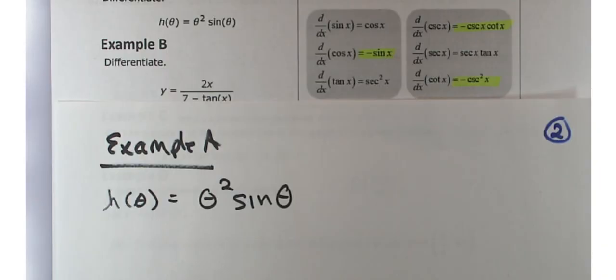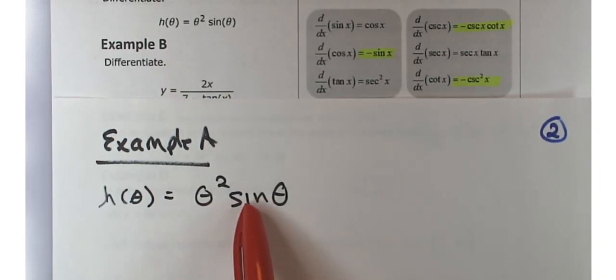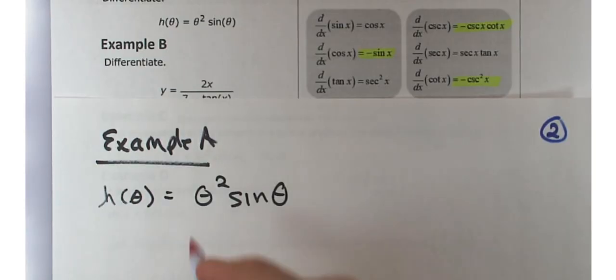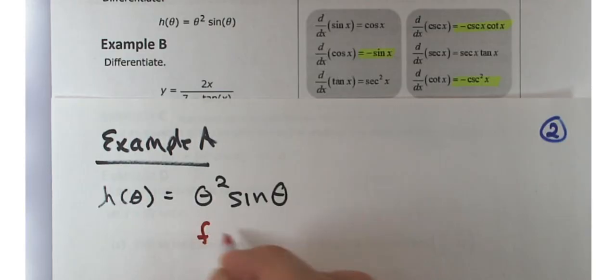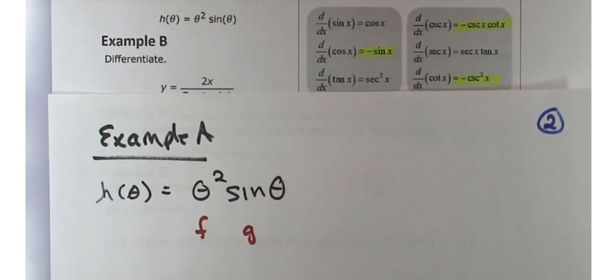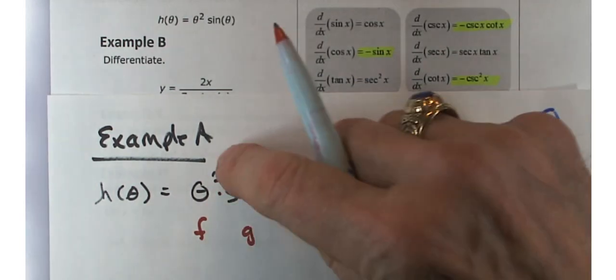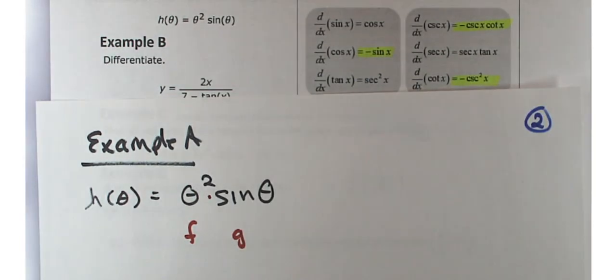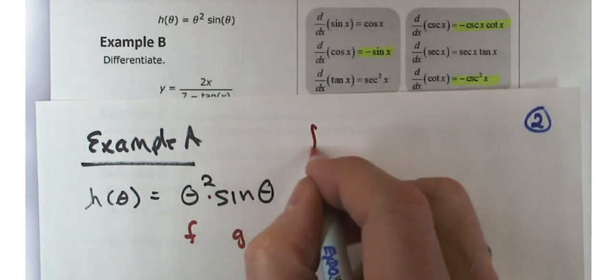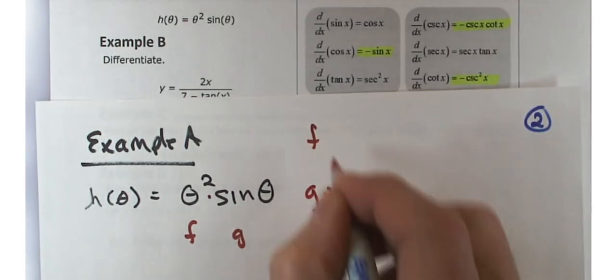I'd look at stuff like this and think, really, you want to call this a separate function? It's not a want-to thing, it's a have-to thing. We're going to have to regard this as an f, and this as a g, and apply the product rule because you're multiplying two functions. Even if this was just a theta, you'd still have to apply the product rule. So let's start out here with f and g.